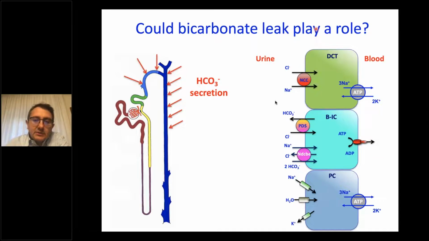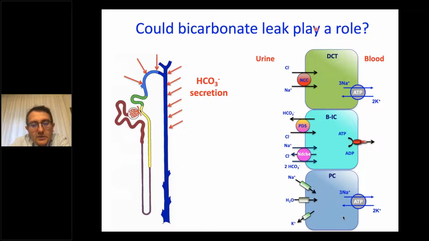metabolic acidosis could be secondary to a bicarbonate leak that would also involve the B intercalated cell. These cells are equipped with pendrin, an anion exchanger secreting bicarbonate in the lumen and reabsorbing chloride, which can work in tandem with a sodium transporter that still has a complex name.